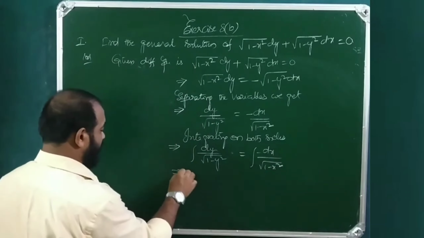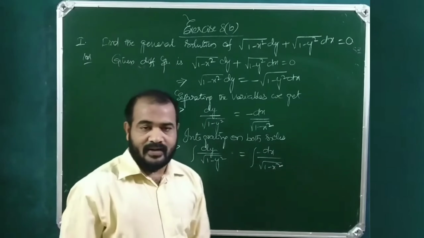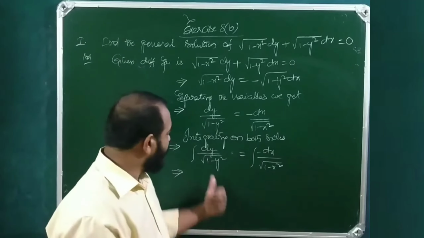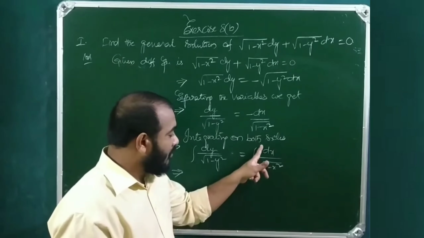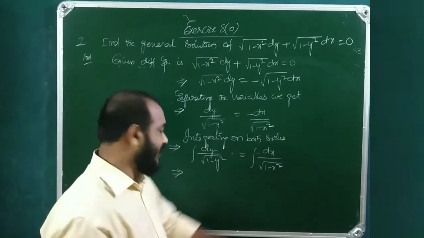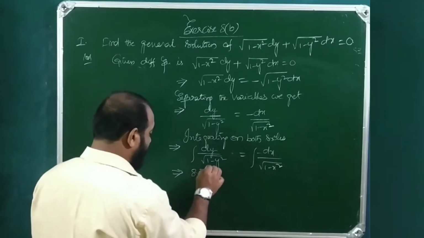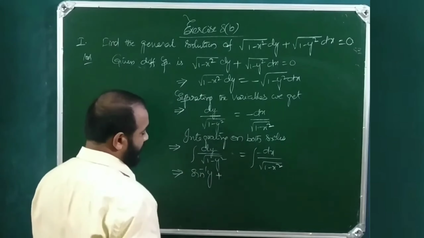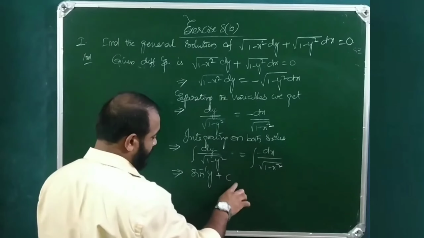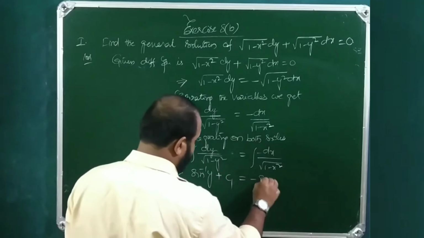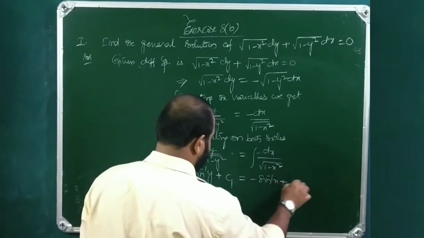Integral of 1 by root of 1 minus y square dy is sine inverse y. Integral of 1 by root of 1 minus x square dx is sine inverse x. So this is sine inverse y plus c1 is equal to minus sine inverse x plus c2.